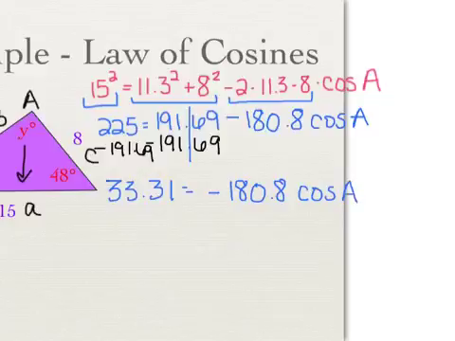Remember that formula has like minus 2bc in it? So this number that's left over here is always going to have this negative sign on it. Okay, the number that's left there is always going to be negative. Now what? And if you're not sure, look back at this. What would you do here? You would divide, right? So what am I going to do? Divide by the negative 180.8.